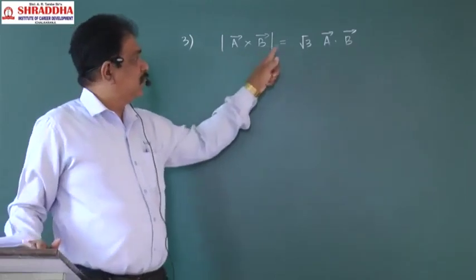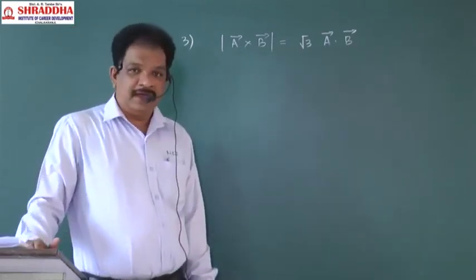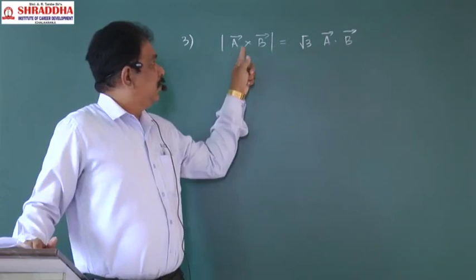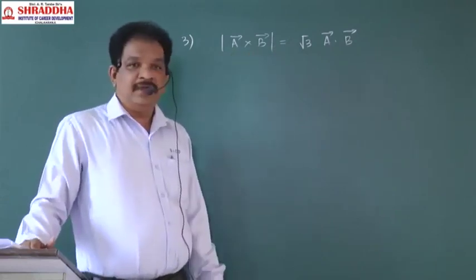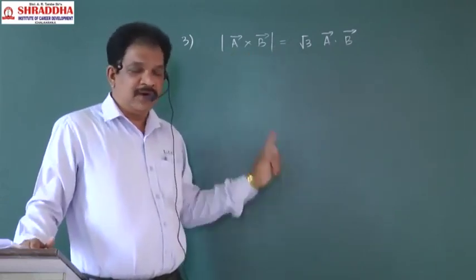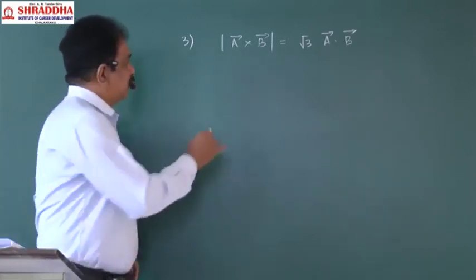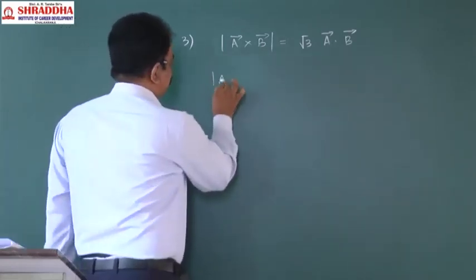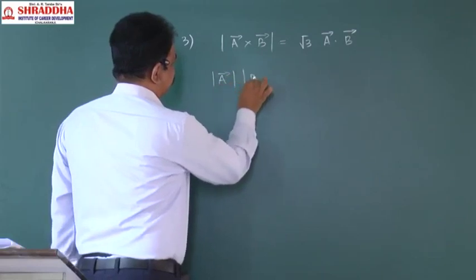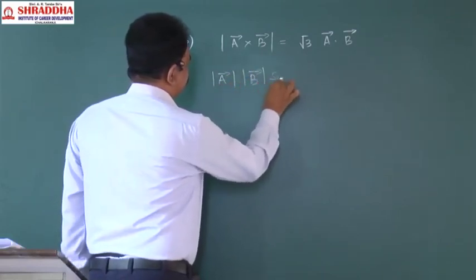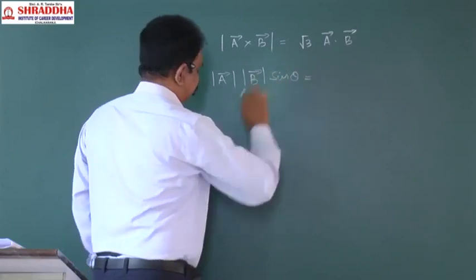First, using this, we will find the angle between them. A bar cross b bar will be AB sin theta, modulus is there, no? So this value will be mod A bar mod B bar sin theta.